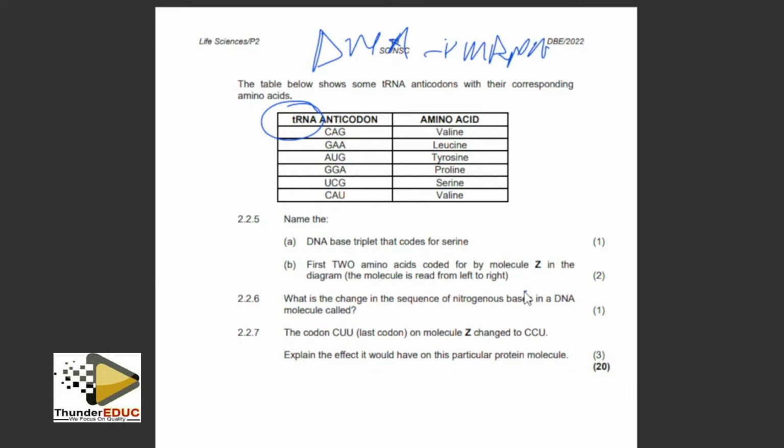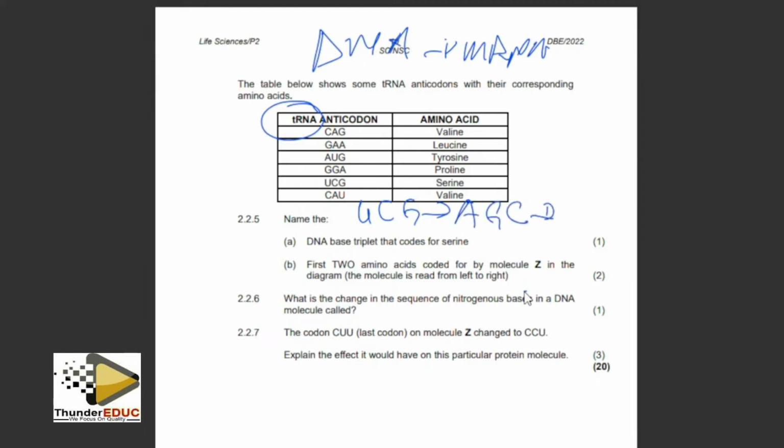Are you seeing? In this case, they are saying name the DNA-based triplet code for serine. Now this is transfer RNA. Serine is here, so I'm going to say it is UCG. This is transfer RNA. Convert it to messenger, which is going to be AGC.